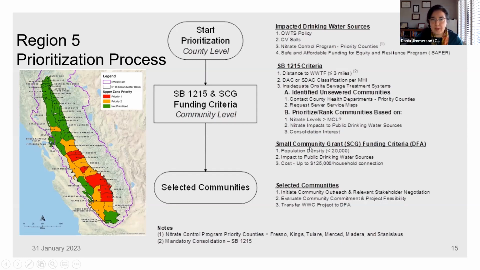Given the limited amount of resources, that's part of our consideration as well. And then, of course, the criteria for the small community grant. Finally, we just select communities that meet all that criteria.